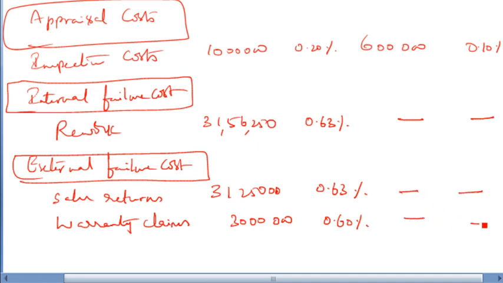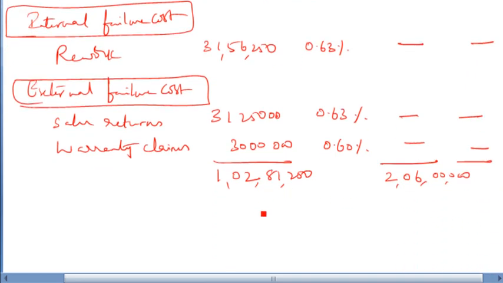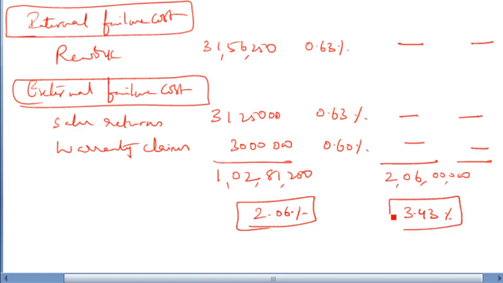Warranty claims are also going to be nil. So if you calculate the total cost of quality, earlier it comes around 1 crore 2 lakhs 81,250, whereas after implementation of the Six Sigma recommendation, it comes around 2 crore 6 lakhs, right? So the cost of quality earlier is 2.06% of sales. Now it is 3.43% of sales. Okay, that's the final framework.